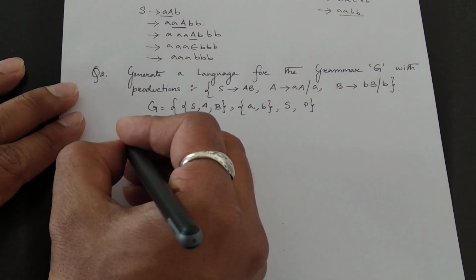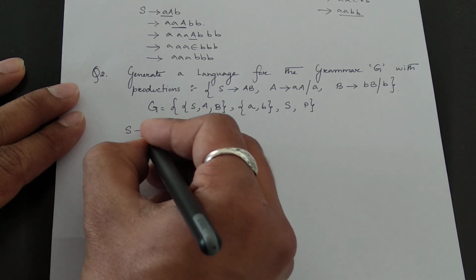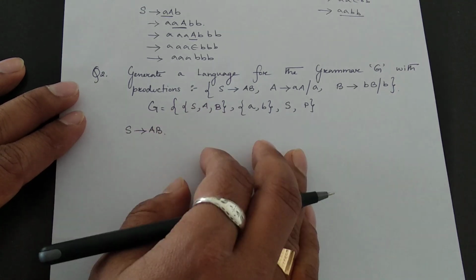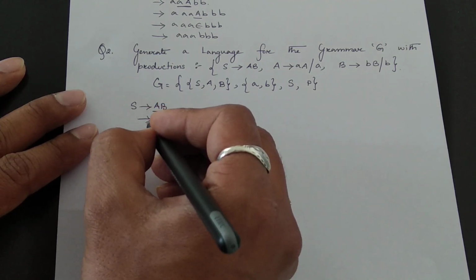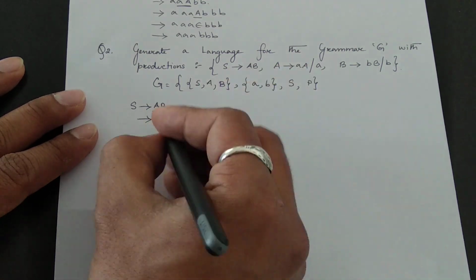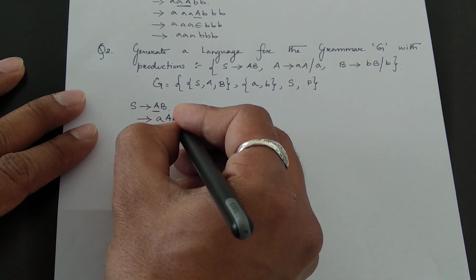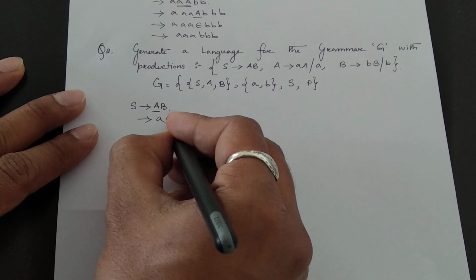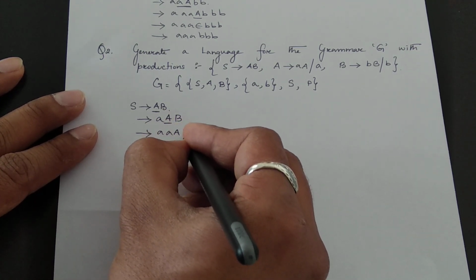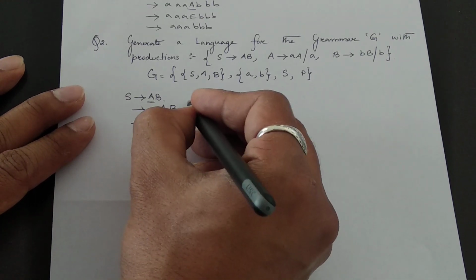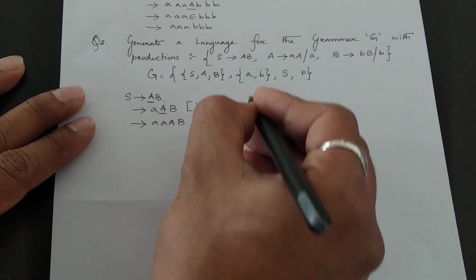Suppose let me try with the first one, that is S tends to AB. Now if I replace A by the first production of this one, then AA and then B. If I replace this again by the same production, AA, correct? Here I can write it down since A tends to AA.